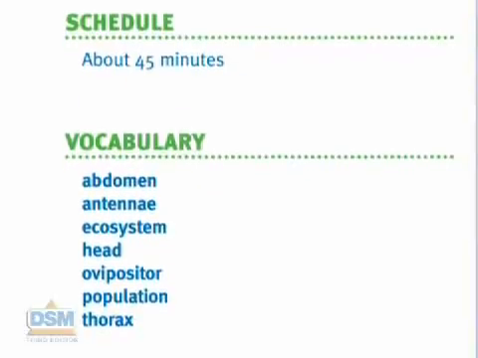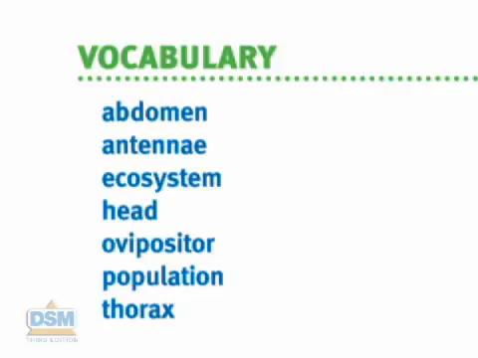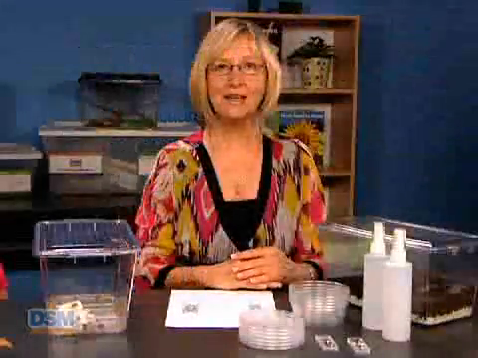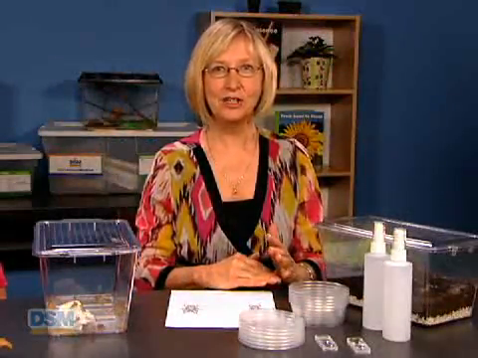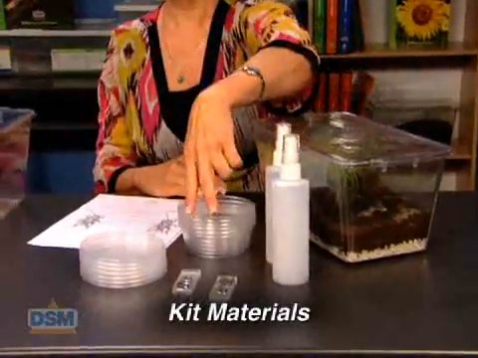The vocabulary introduced in this activity is abdomen, antenna, ecosystem, head, ovipositor, population, and thorax. For this activity from the kit, you will need for each team of 4, 1 terrarium from Activity 1 and 2 magnifiers.